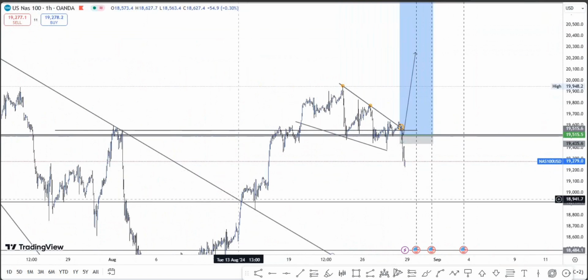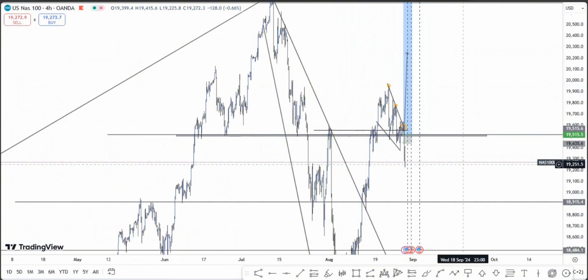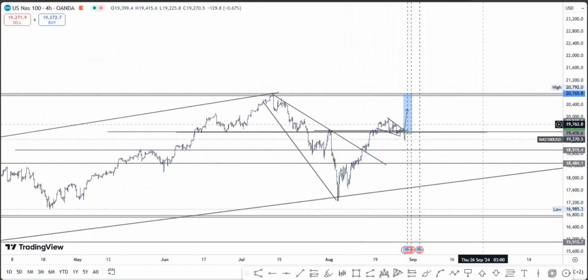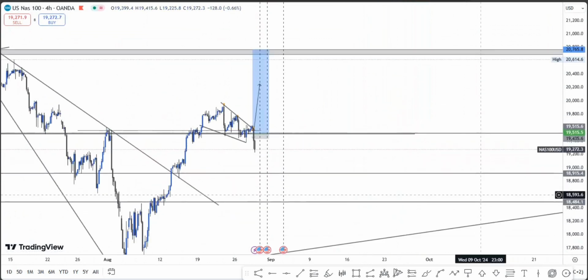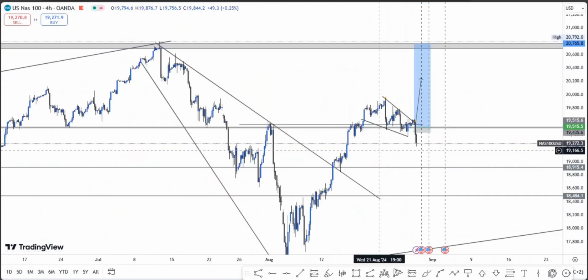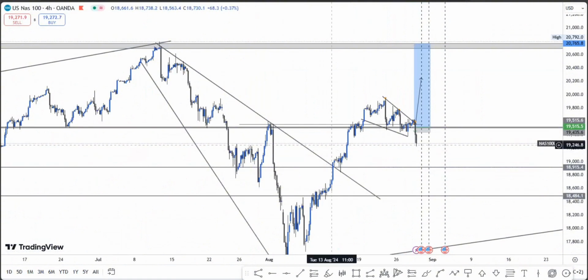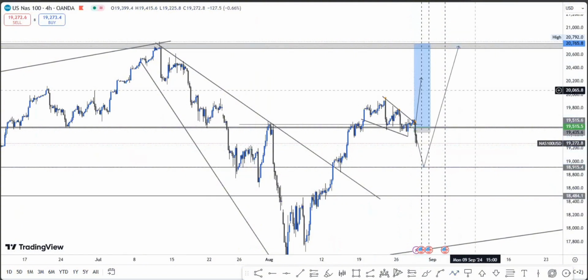Remember, if I switch to the 4 hour time frame, you can see that the retest is not there on the 4 hour time frame. We don't have an actual retest on this one here, because the market has to come here for a retest in order for it to give us the 90%.